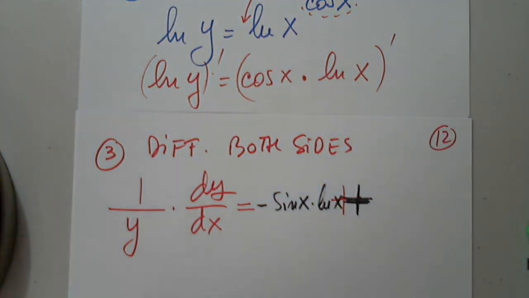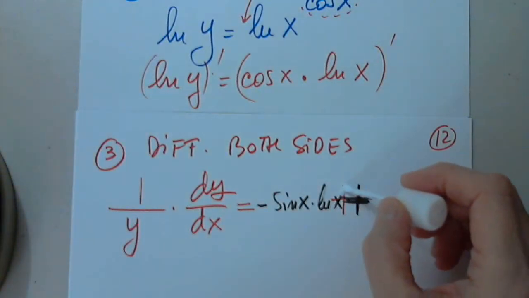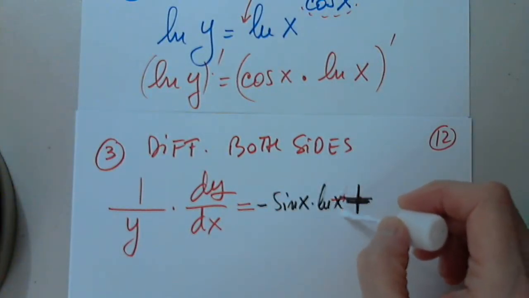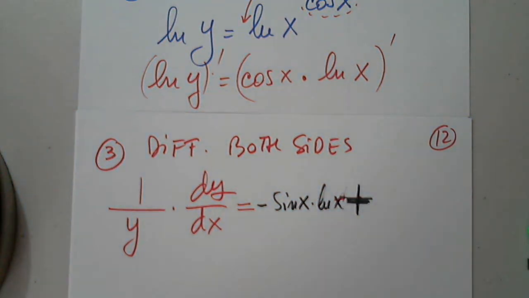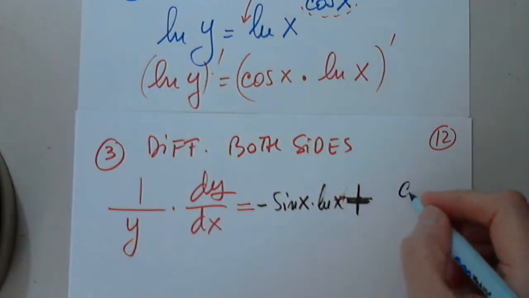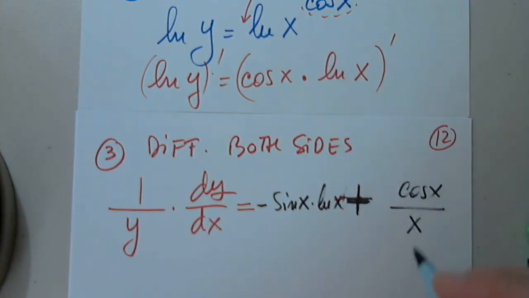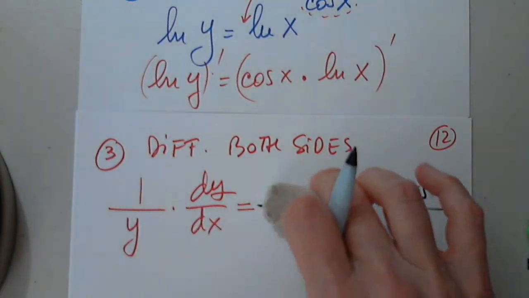And then plus cosine x directly over x. That's it. Brilliant. So plus cosine x divided by x. No one can simplify this. Forget it. Don't even look at it.